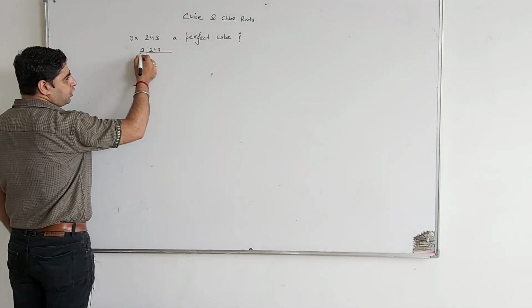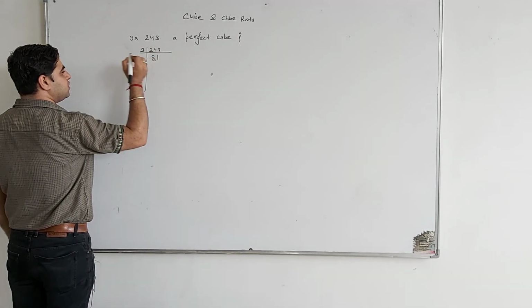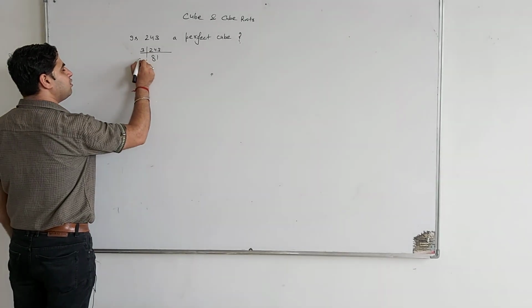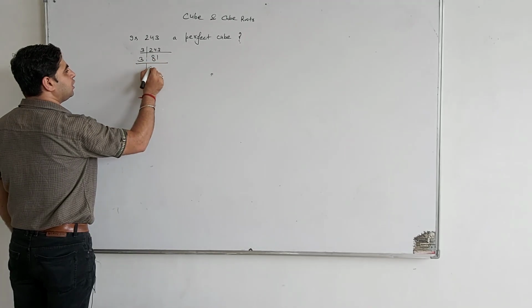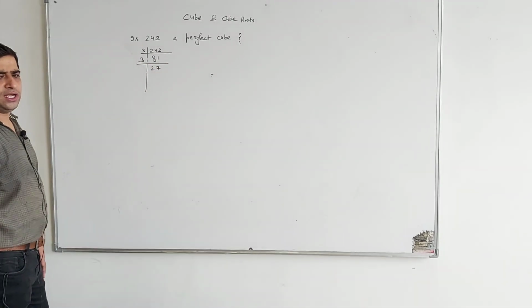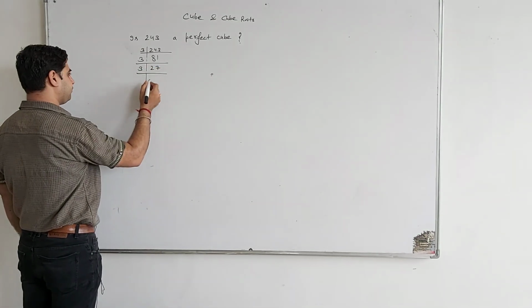Divide 243 by 3: 3 eights are 24, 3 ones are 3, giving 81. Again 8 plus 1 is 9, divisible by 3, so 3. 3 twenties are 6... giving 27. Again 2 plus 7 is 9, divisible by 3.